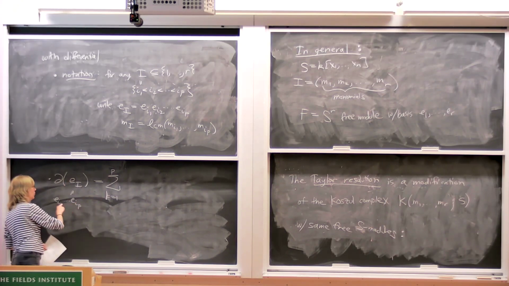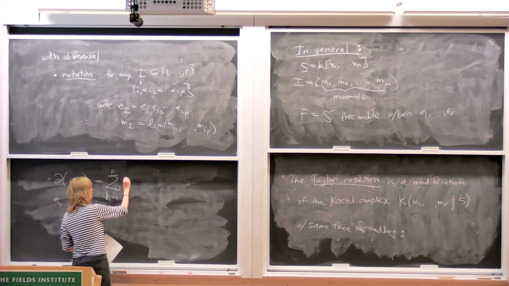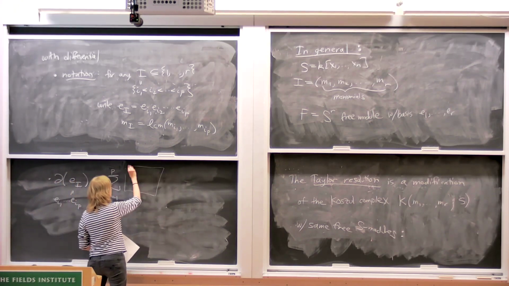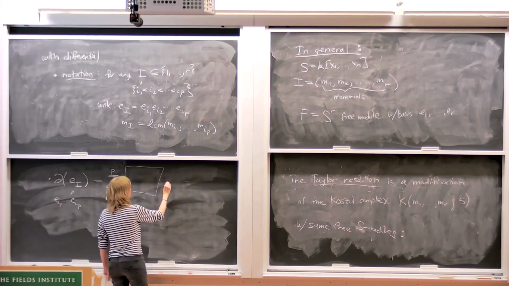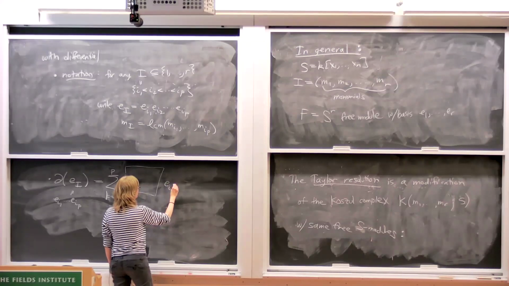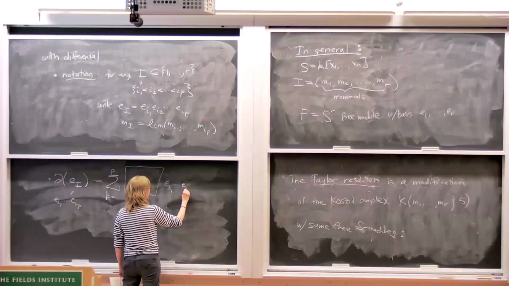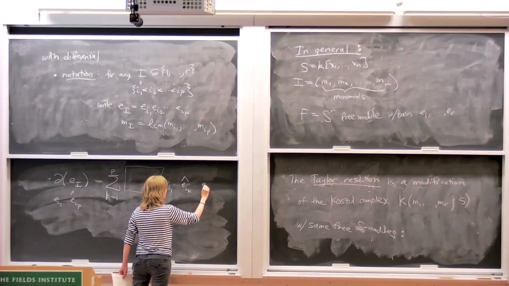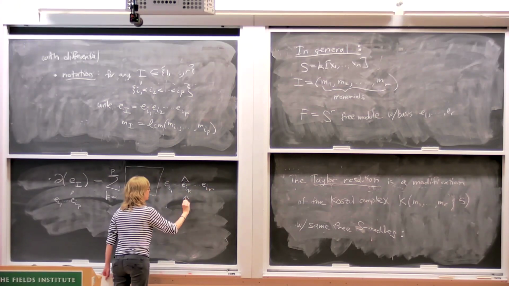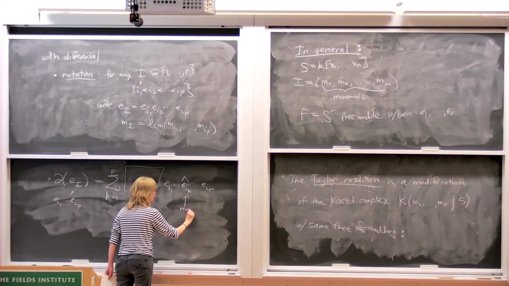So I'm going to go and remove one of these at a time, just like for the Koszul complex, but leave a big space here. So I'm going to take E_I1 and then the kth one, E_Ik, I put a hat on, I remove it, up to E_IR. So this one I remove.